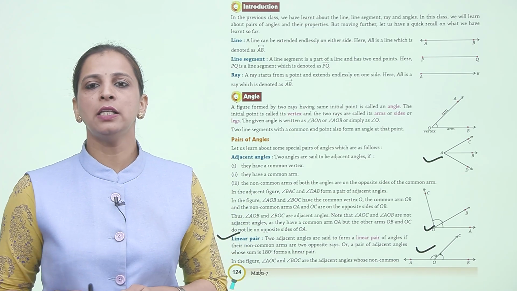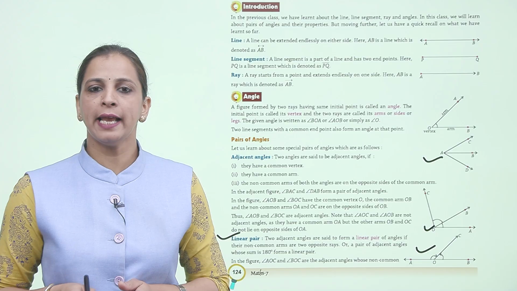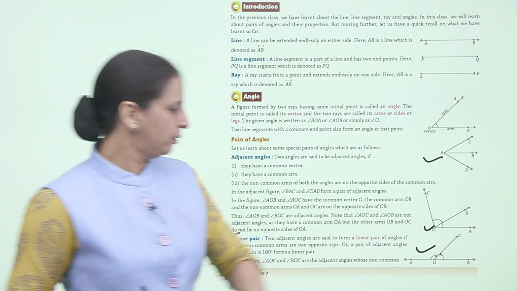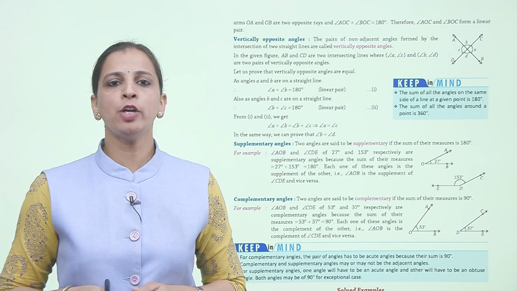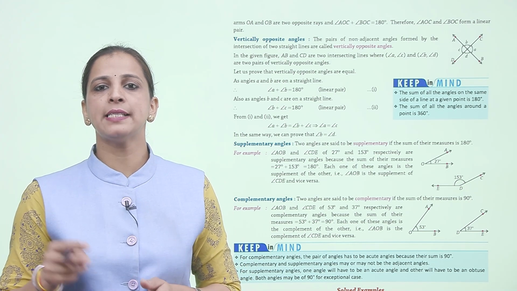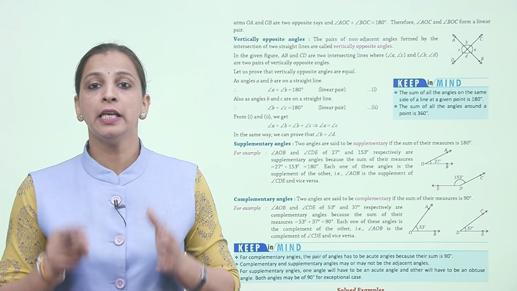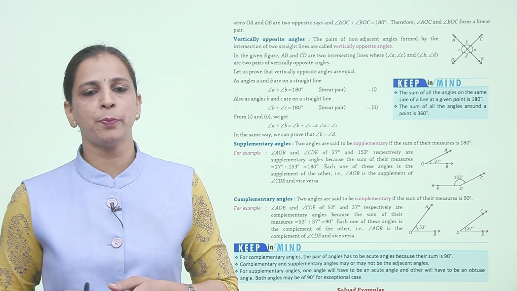In the figure, angle AOC and angle BOC are the adjacent angles whose non-common arms OA and OB are two opposite rays and angle AOC plus angle BOC is equal to 180 degree. Therefore, angle AOC and angle BOC form a linear pair.